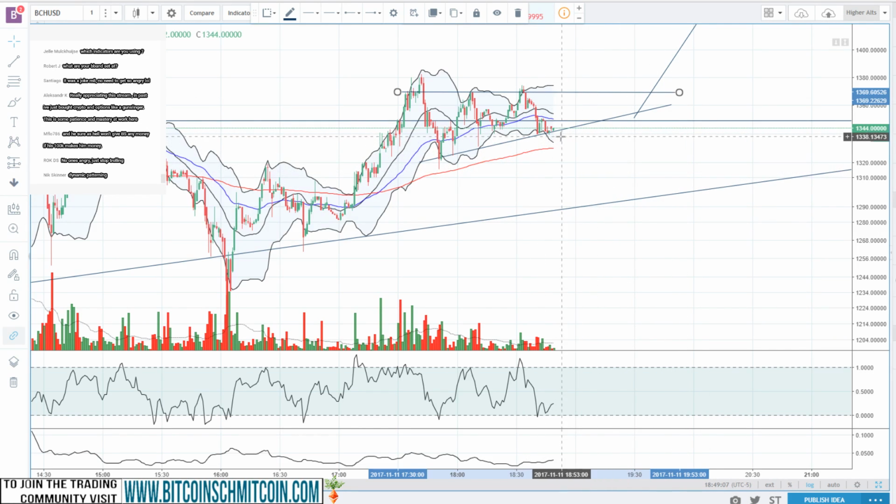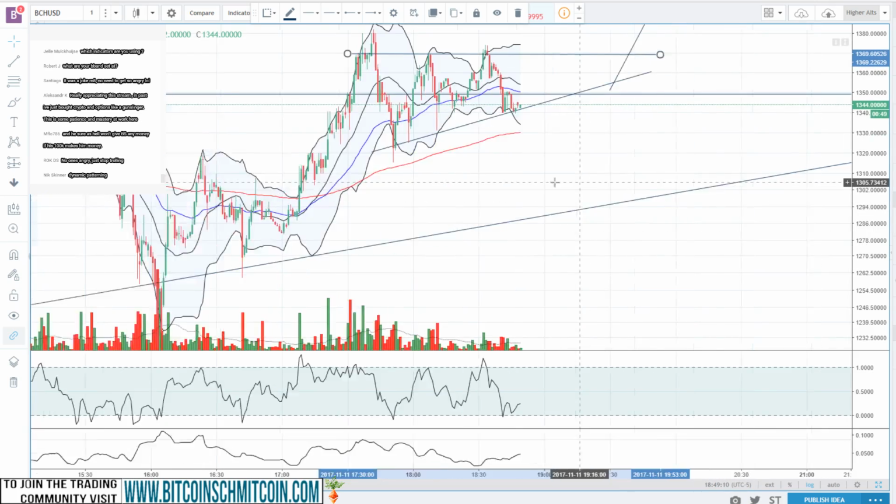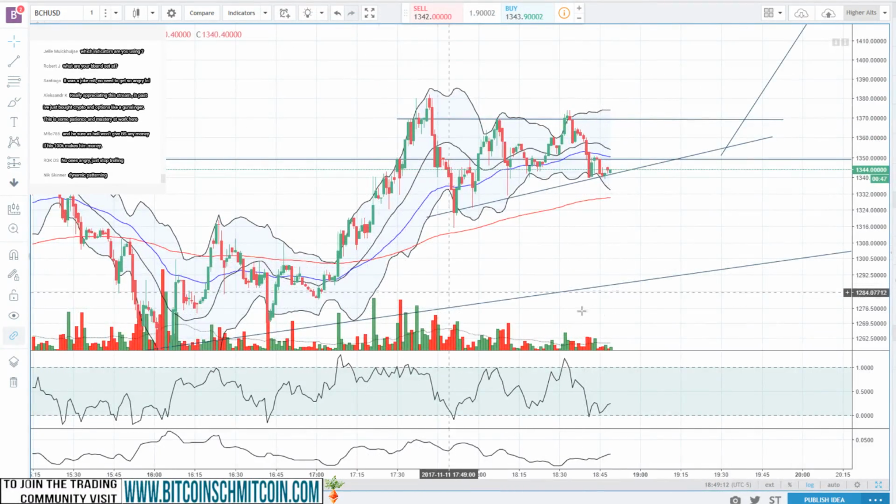It seems to be hugging it pretty nicely on the bottom, so that's good. Volume's still consolidating.